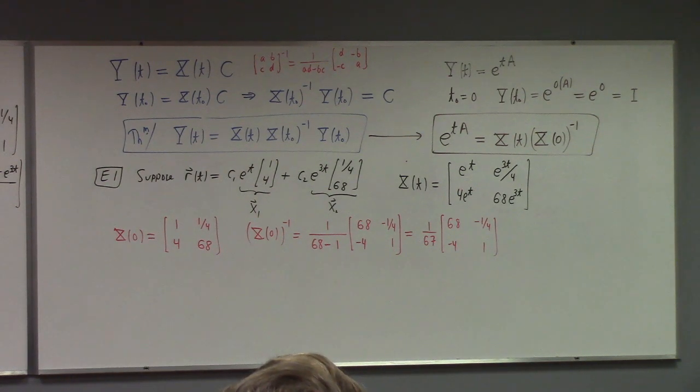And then finally, I'll factor the quarter out this time. Oh, wait a minute. There's a 68. 68 squared. Sorry, I'll get it eventually. So minus e to the t, because this times that. The 4's cancel. And then I get plus 68 e to the 3t. All right, there you go.